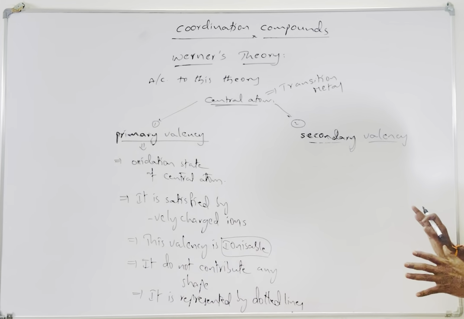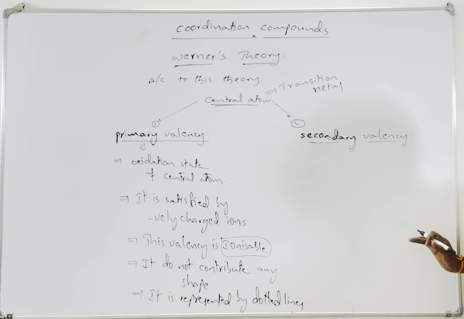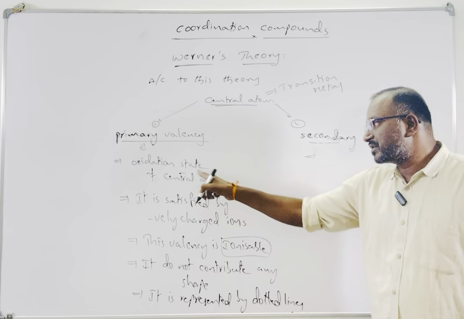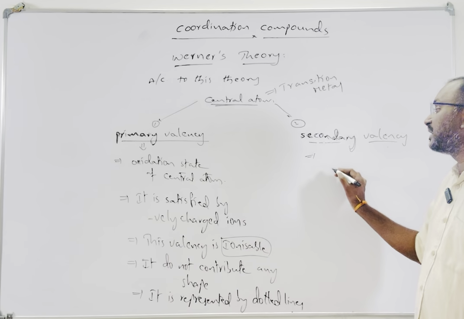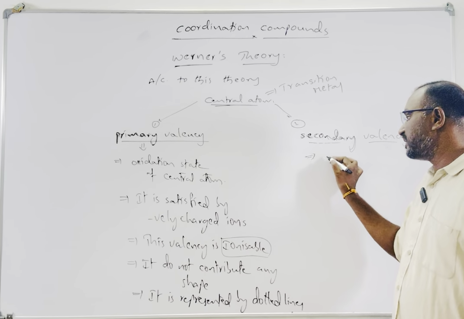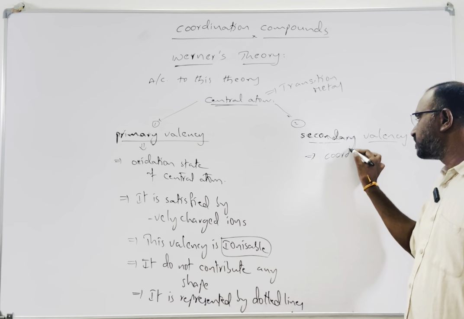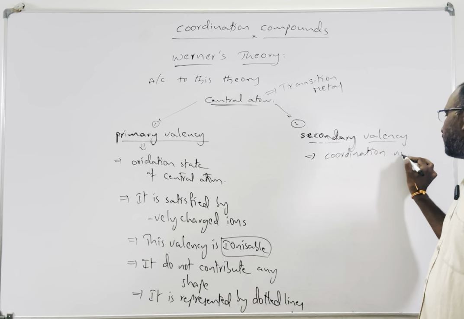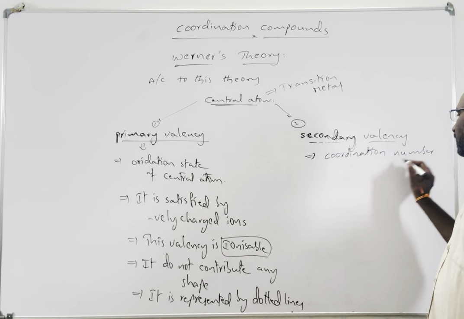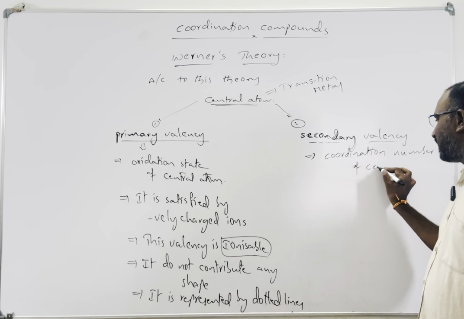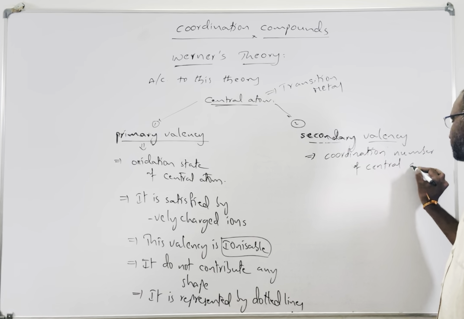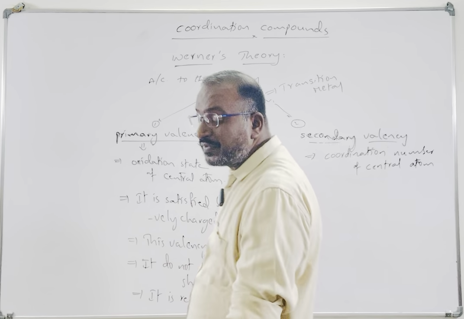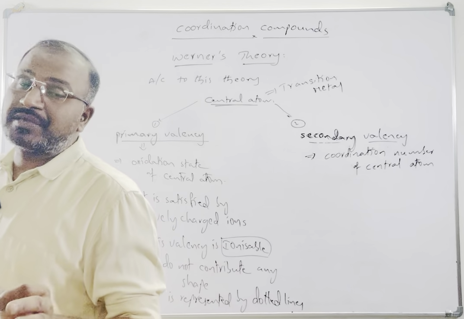Let's come to secondary valency of a central atom. Primary valency shows the oxidation state of the central atom, and secondary valency is represented by the coordination number of the central atom.